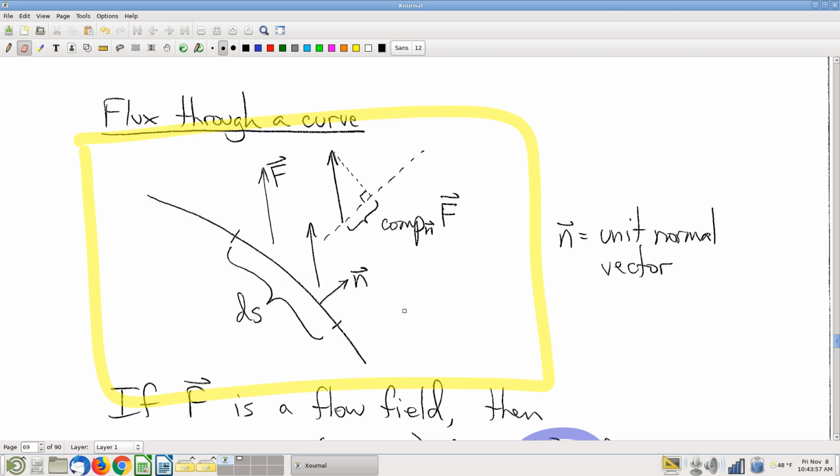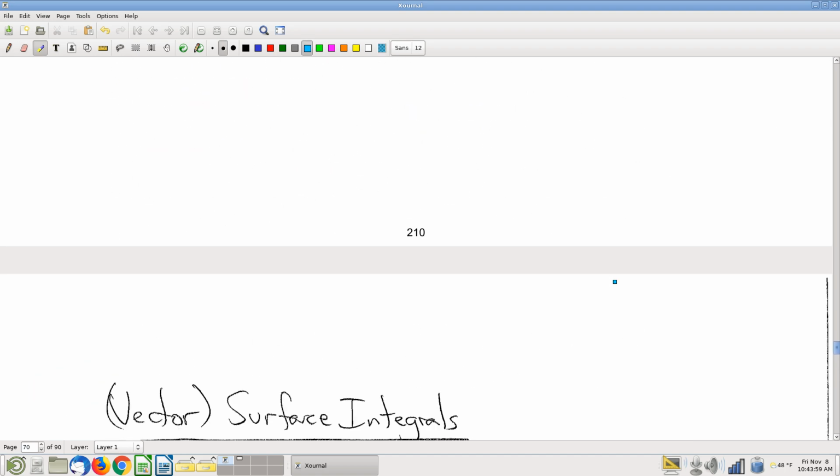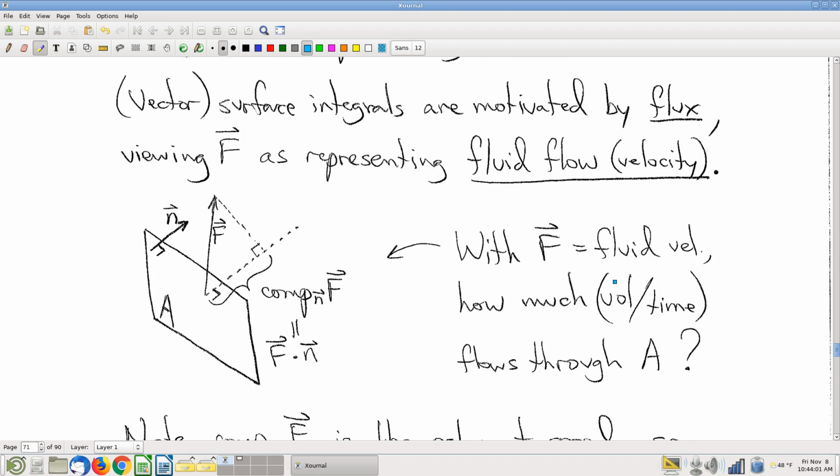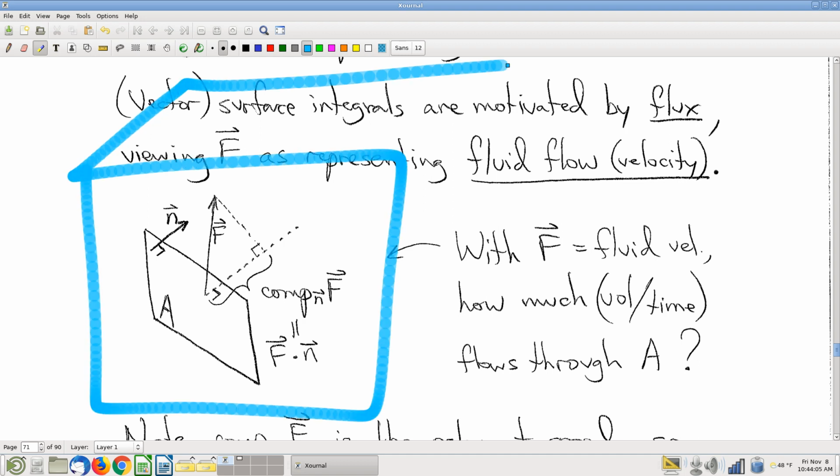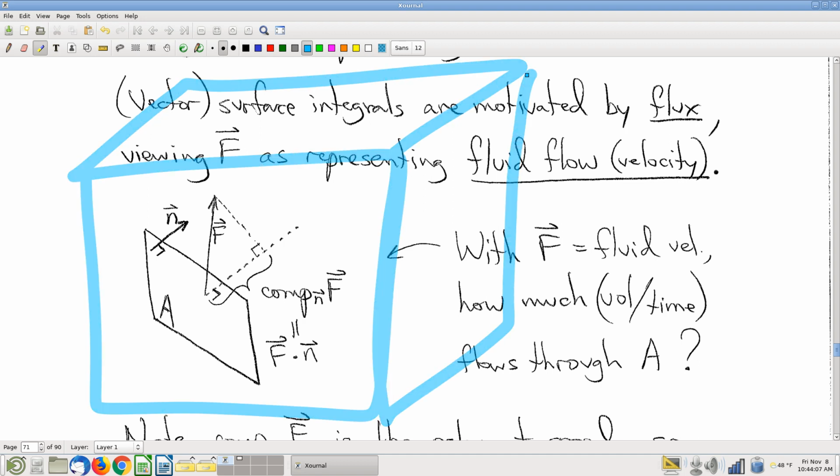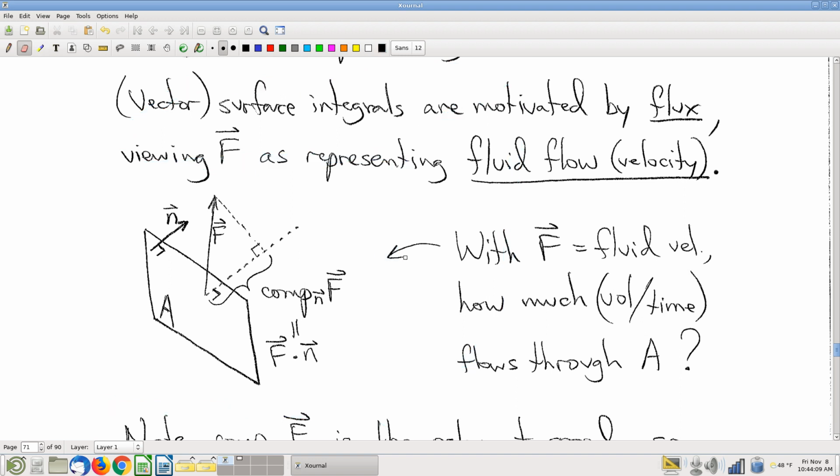If you are in three dimensions, as we are here, fluid crossing a curve, that's not really right. I mean, what defines the one side versus the other side of a curve in space? It's not a thing, right?